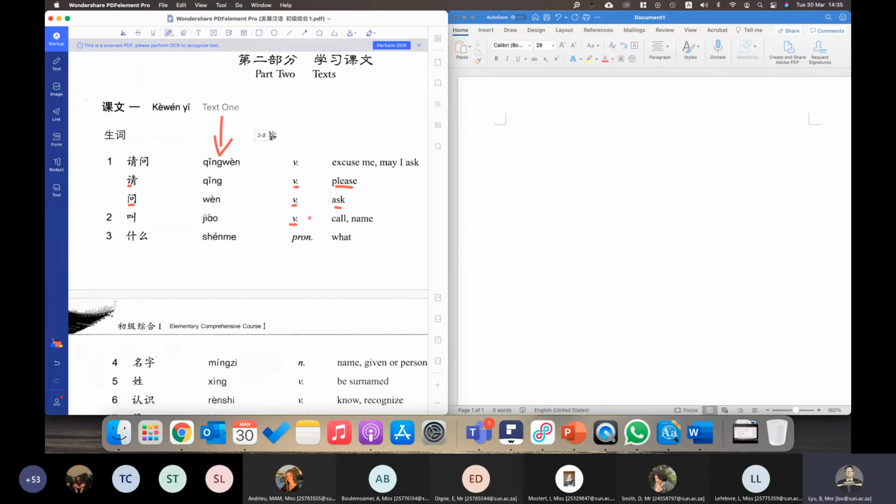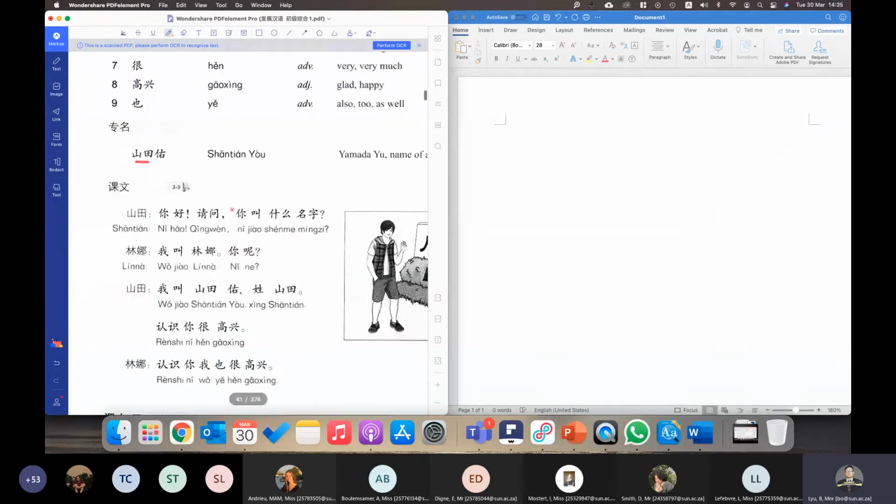Our textbook tells us this is to call, right? For the easiest way for you to understand, you can think of it as to be called. But in reality, in Chinese grammar, this is not a passive. The reason is, for example, 请问你叫什么名字?